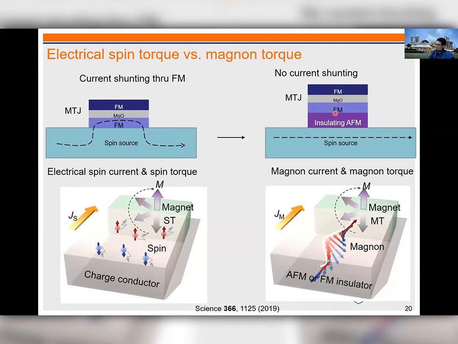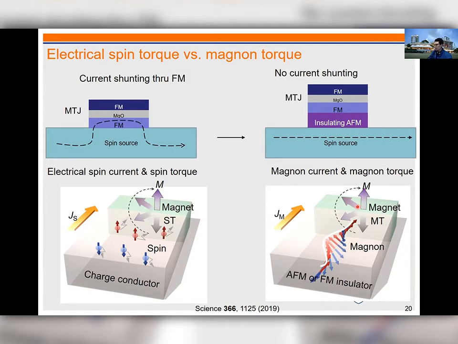That can be achieved if this insulating anti-ferromagnet can support magnon transport. And the spin current generated in this spin source layer can trigger magnons, and magnons can propagate in this anti-ferromagnet, and then it can switch this magnetic layer.